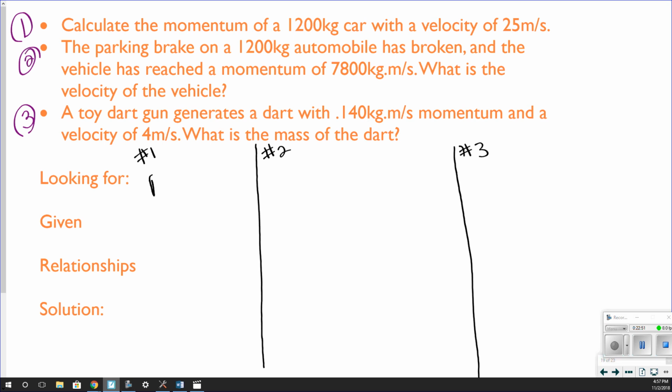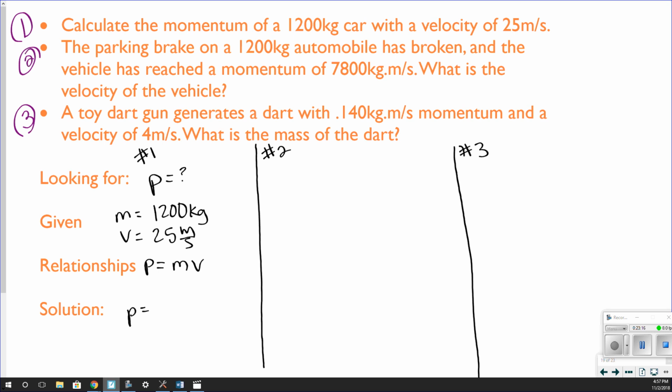So what are we looking for? We're looking for momentum. What are we given? We are given the mass of our car, which is 1,200 kilograms, and we are given our velocity, which is 25 meters per second. The relationship between all this is our equation for momentum. Momentum equals mass times velocity.